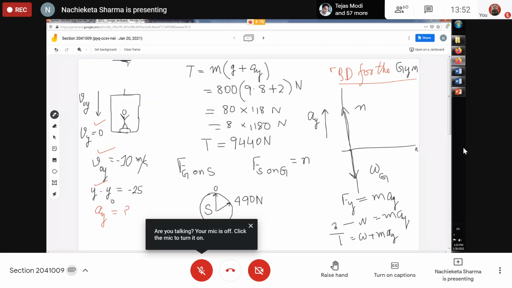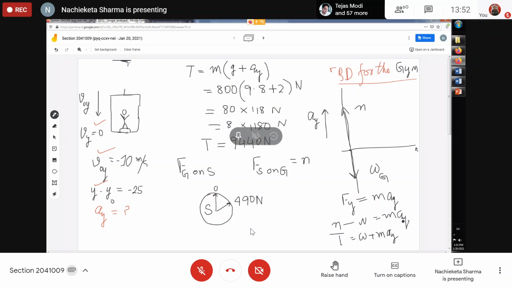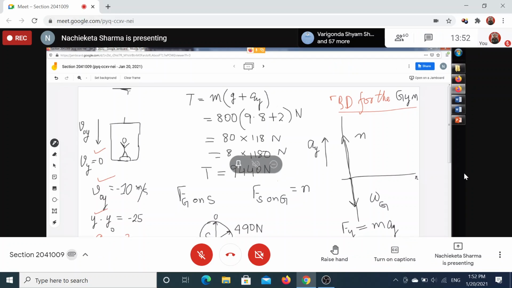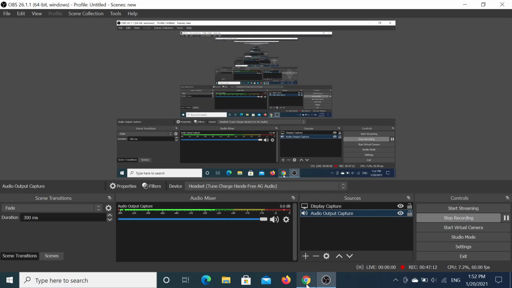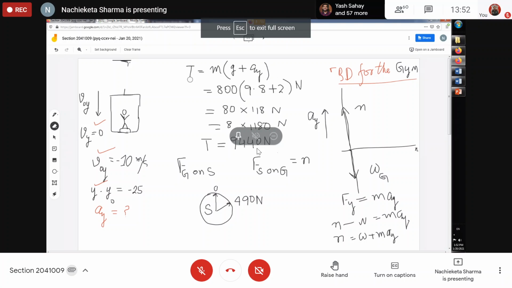So this is N minus W is equal to m a_y, and thus N is equal to W plus m a_y. So N is equal to mg plus a_y.